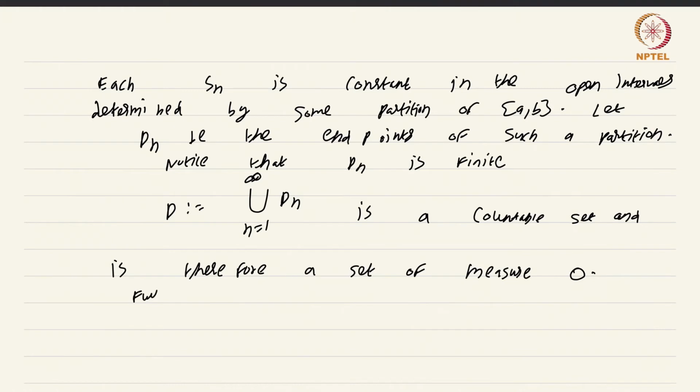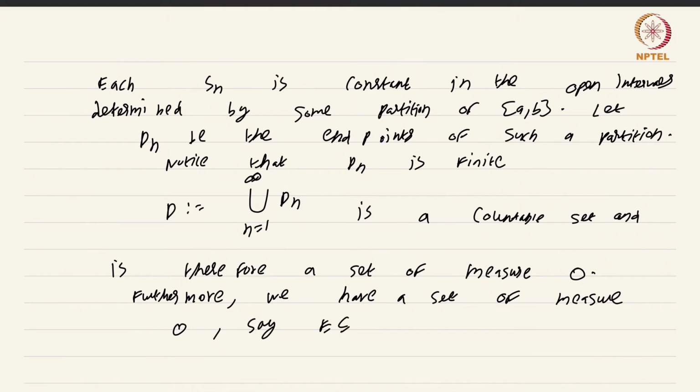Furthermore, we have a set of measure 0, say E subset of AB, such that Sn decreases to 0, converges to 0 on AB minus E. Outside of a set of measure 0, we already know that Sn converges to 0 because we are assuming Sn decreases to 0 almost everywhere.